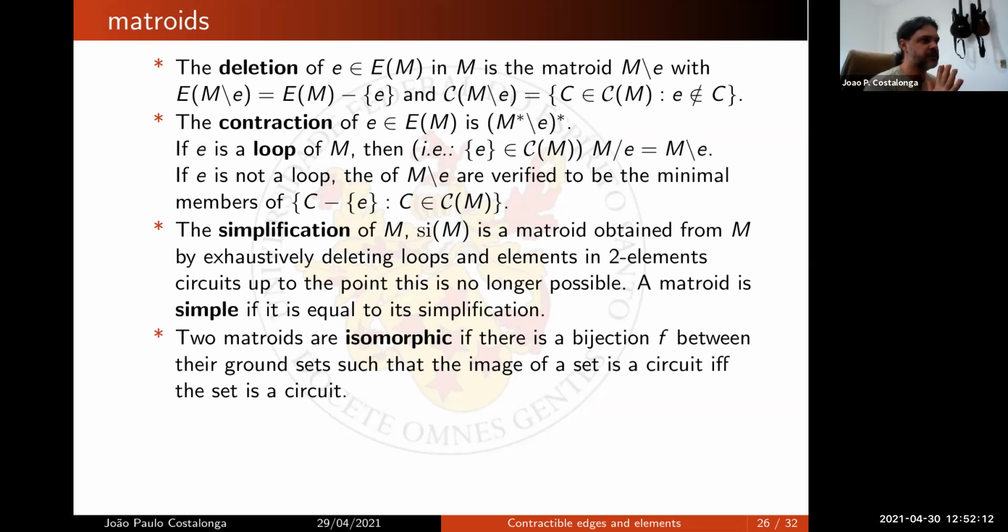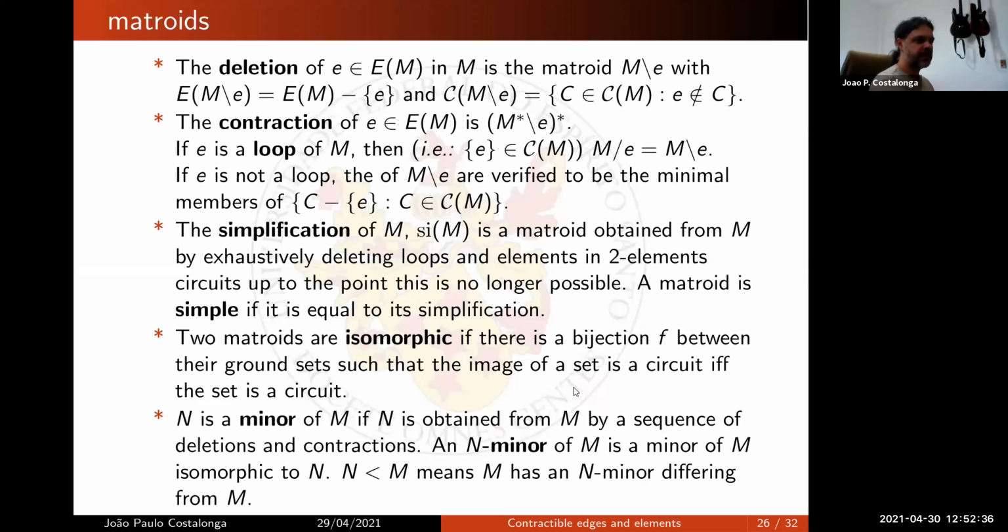We'll be talking about isomorphism of matroids, if you're not familiar. We say a matroid is isomorphic to another matroid if there is a bijection between the ground sets such that a set is a circuit if and only if its respective image is also a circuit. This defines the isomorphism between matroids.